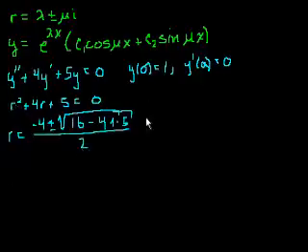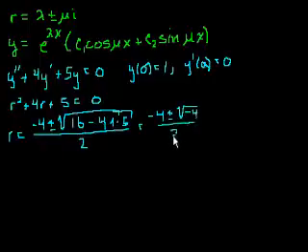And see, this simplifies. This equals minus 4 plus or minus, see, 16, this is 20, right? 4 times 1 times 5 is 20. So 16 minus 20 is minus 4, over 2.